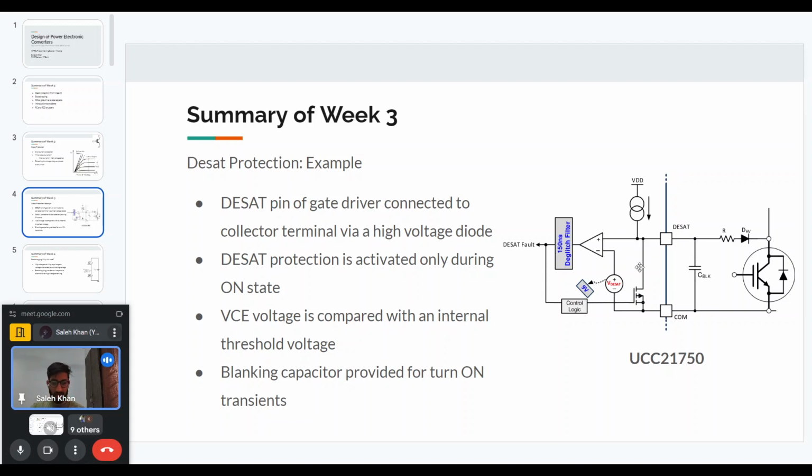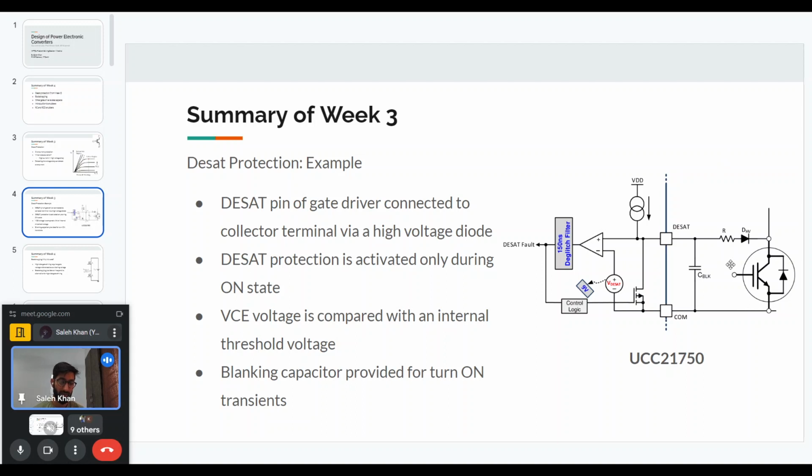And there is something called a blanking capacitor which is also provided, and it is important because when the gate pulse to the driver goes high, it will start the Desat protection. However, it will take some time for the device to turn on, so it will take some time for the voltage across the device to drop.